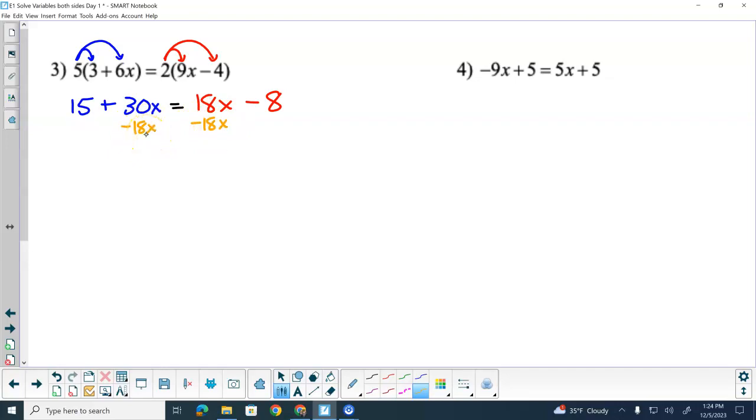If I do that, then that's gone. And then 15. Now what's 30 minus 18? Wow, yep. 12x equaling negative 8.